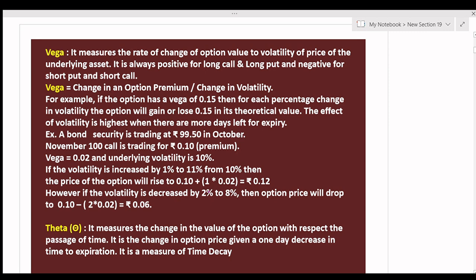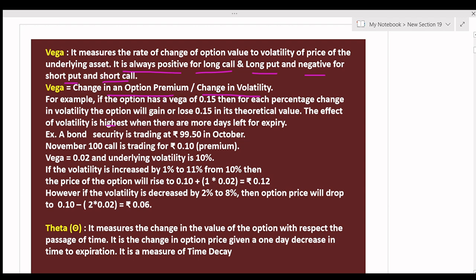Next, come to Vega. It measures the rate of change in the option premium with respect to the volatility of the price of the underlying asset. It is always positive for long call and long put and negative for short put and short call. Vega is equal to change in option premium by change in volatility.